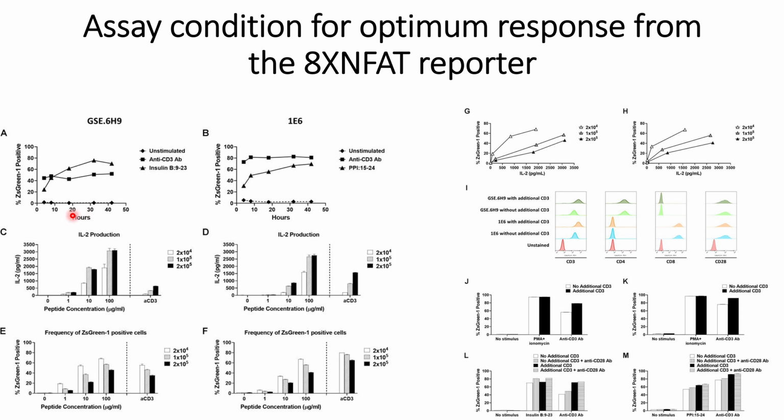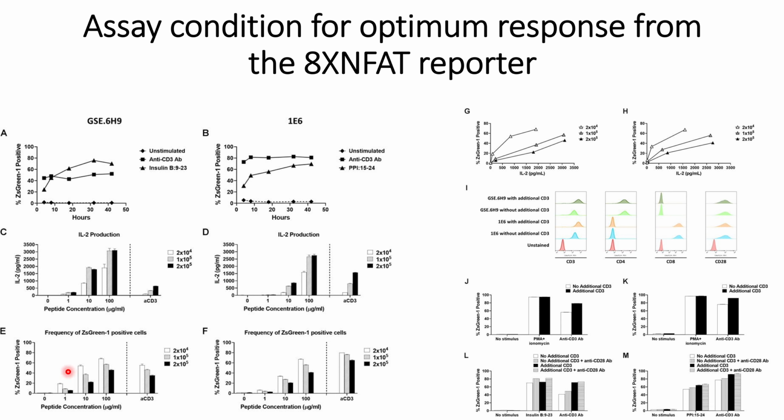Thereafter they wanted to check the optimum number of T cells that can be used. When they used around 2 into 10 to the power 4 T cells, they saw minimum IL-2 production compared to the other conditions, that is 1 into 10 to the power 5 and 2 into 10 to the power 5.